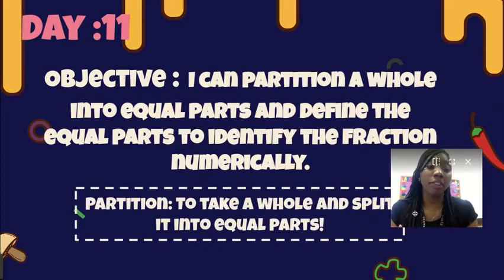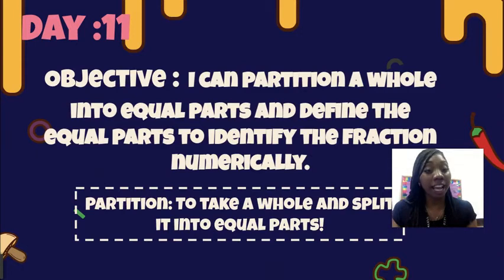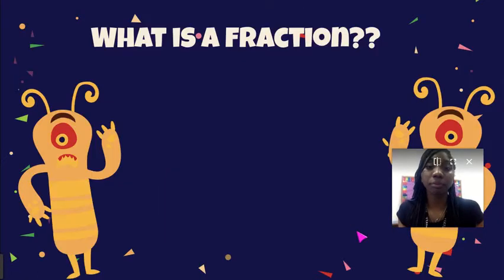And we talked about that word partition, right? When you partition something, that means you take a whole and you split it into equal parts. So our goal for today is to take a whole and split it up into equal parts in order for us to get our fraction.